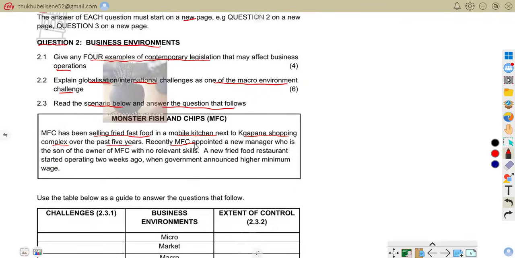Recently, MFC, that is Monster Fish and Chips, appointed a new manager who is the son of the owner, with no relevant skills. A new fried food restaurant started operating 2 weeks ago when government announced the higher minimum wage.